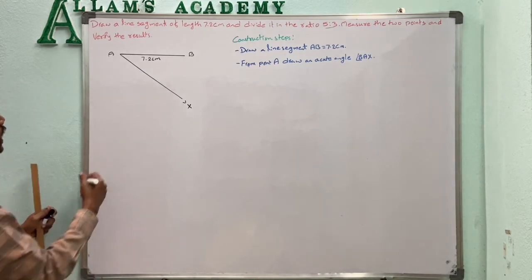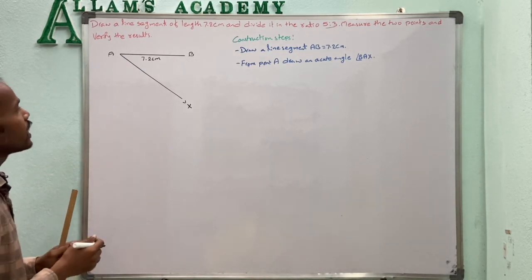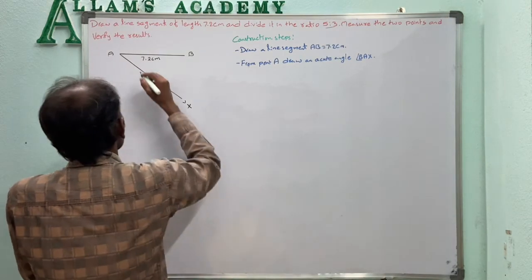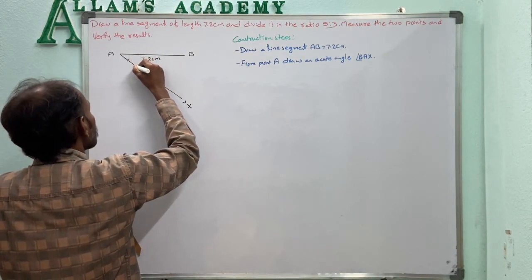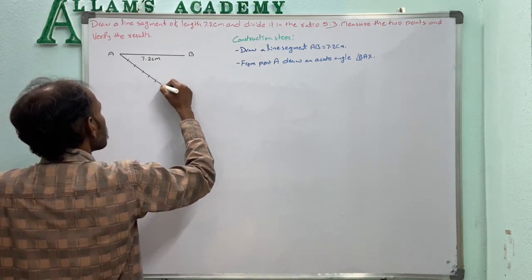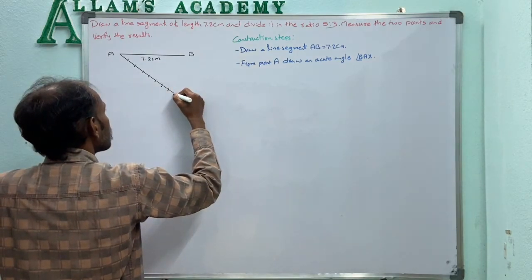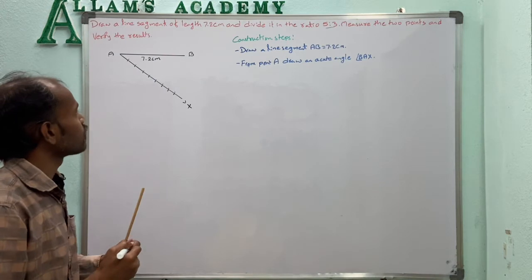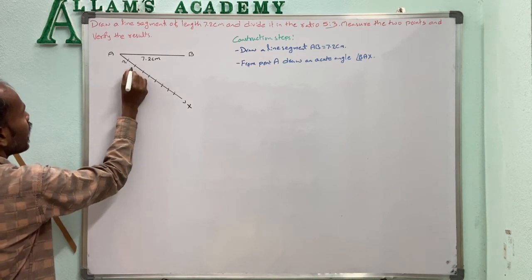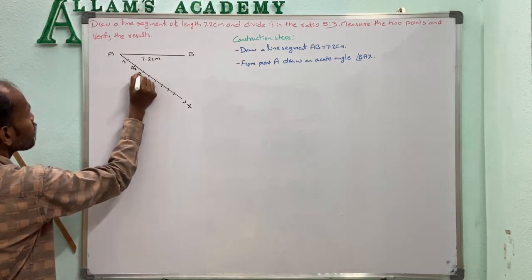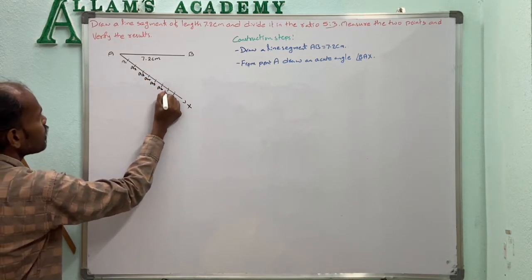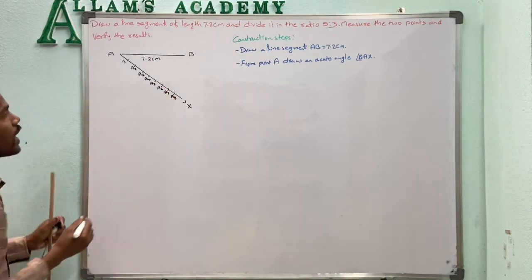So on this line AX we divide it into 8 equal parts, taking 1, 2, 3, 4, 5, 6, 7, 8, using a compass, named A1, A2, A3, A4, A5, A6, A7 and A8.